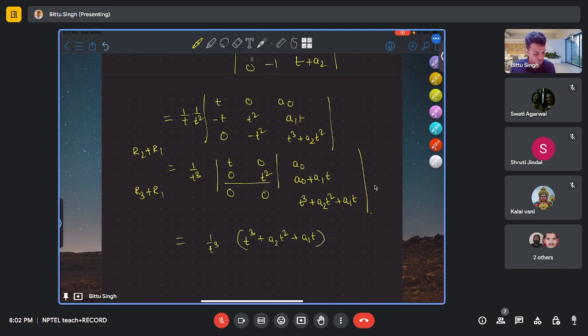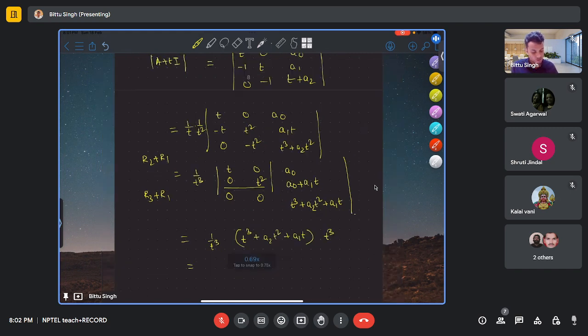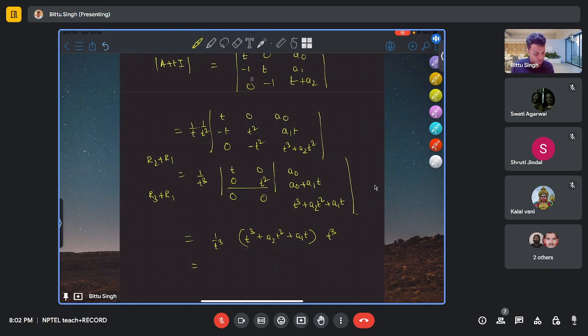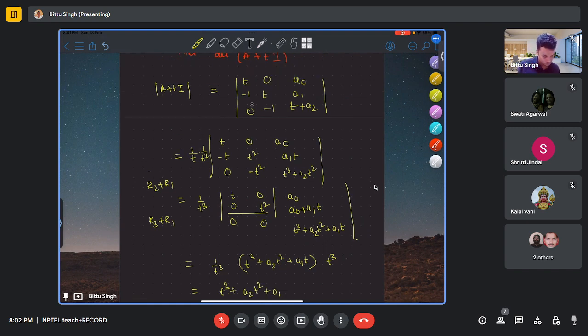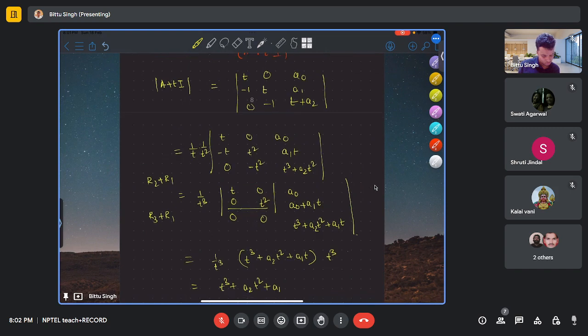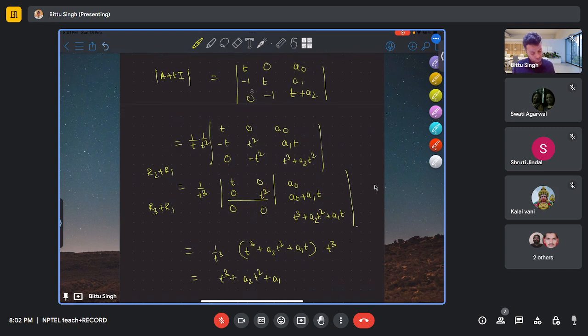Okay, so determinant of this thing is t cube. So we are getting the determinant of a plus ti is same as, t cube cancels out, t cube plus a2t square plus a1t. Okay, this will be the answer.